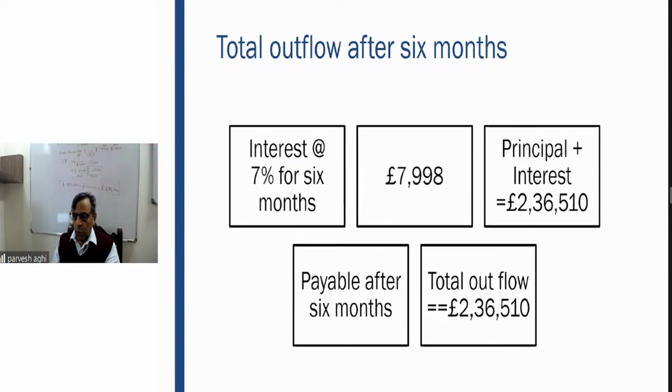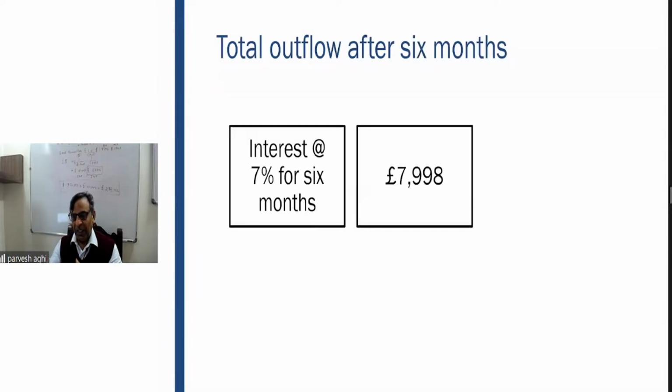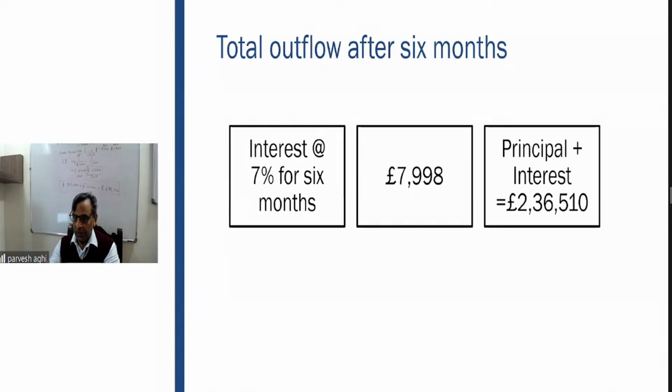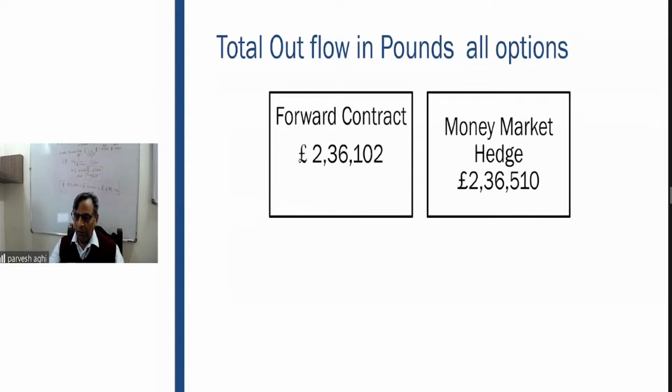The total outflow if he uses the money market hedge: since he has borrowed 2,28,000, he will pay it after 6 months along with 7% interest. So principal plus the interest will become 2 lakh, and his total outflow will be 2,36,510.